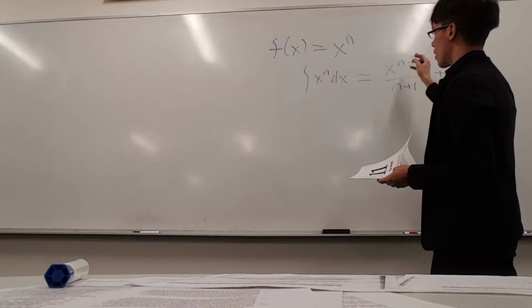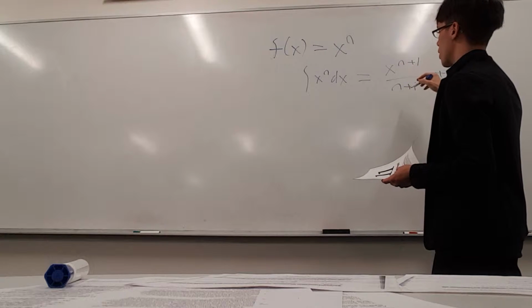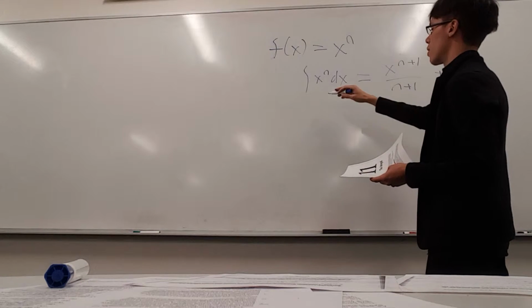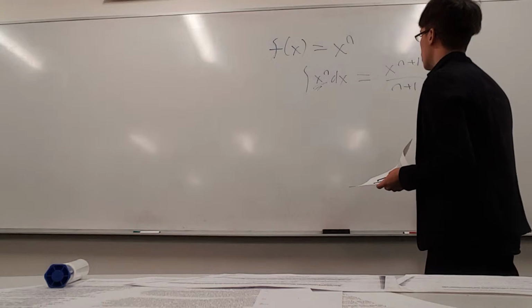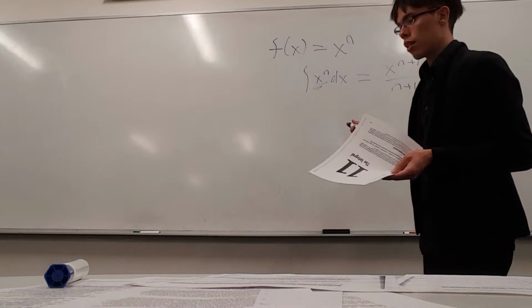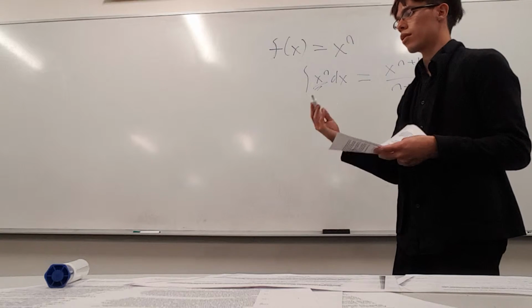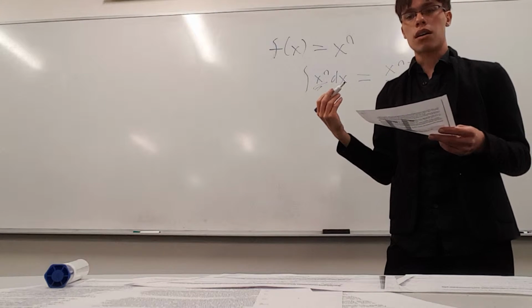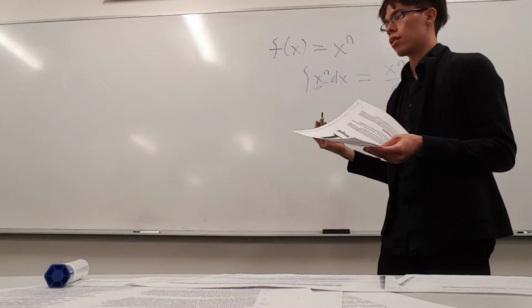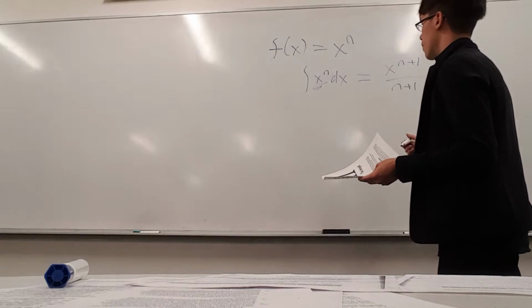This is going to bring the n plus 1 down, cancel with the n plus 1 on the bottom, and then minus 1, get x to the n, and so that gives reason to believe that the power rule that we're using is right and makes sense.